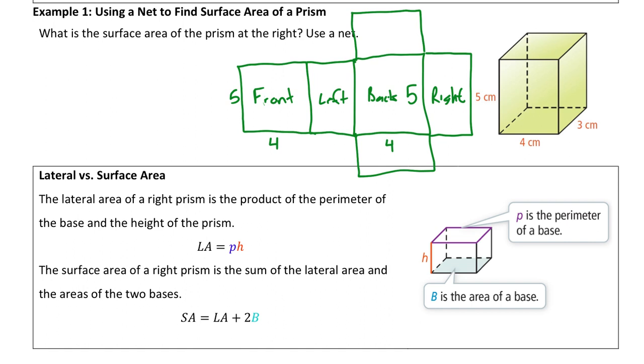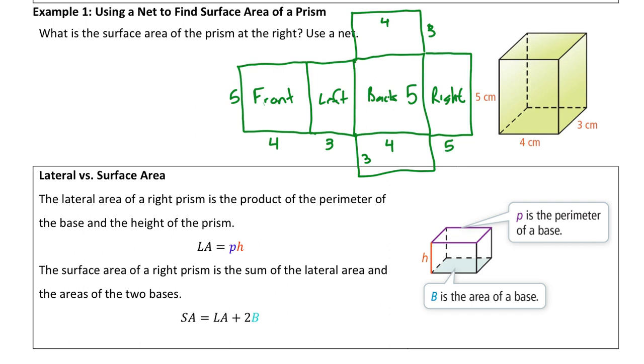So the left kind of wall or left face is going to be 3 by 5. The right one is also going to be 3 by 5. And then the top and the bottom are both going to be 4 by 3 rectangles. So essentially, I just find the area of all 6 of these rectangles and add them together.